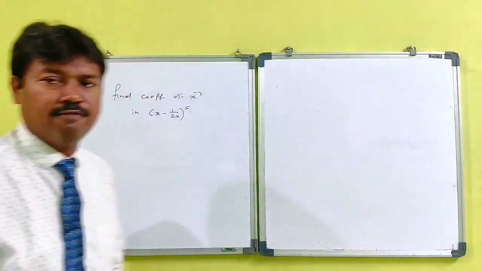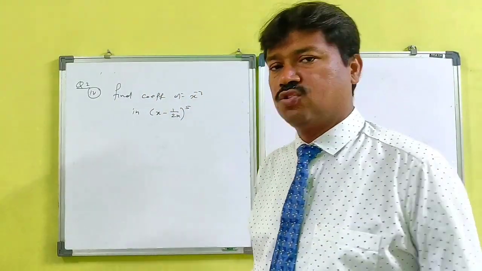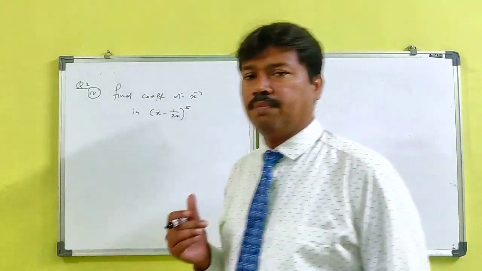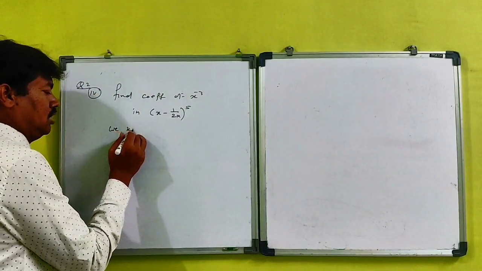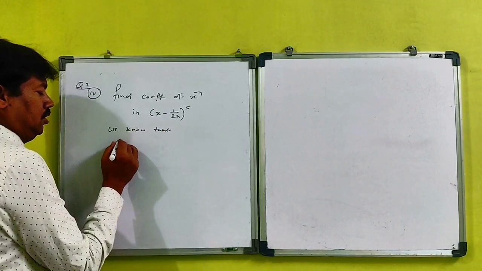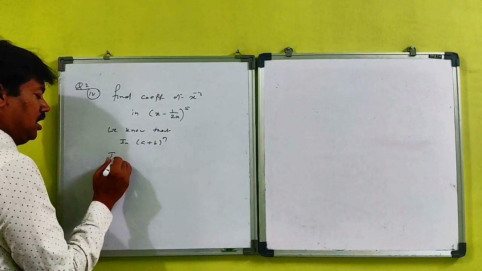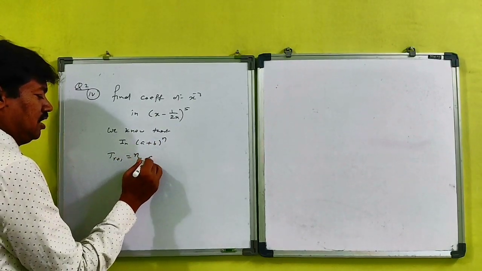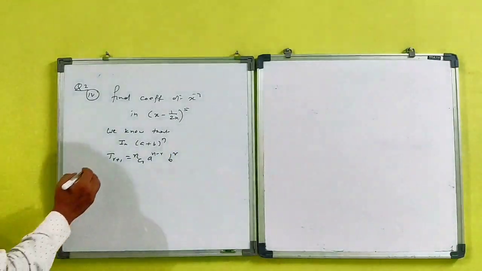Again you have to use the same formula, that is T r plus 1 for (a plus b) raised to n. What is that formula? We know that in (a plus b) raised to n, T r plus 1 is nCr, a raised to n minus r, b raised to r.